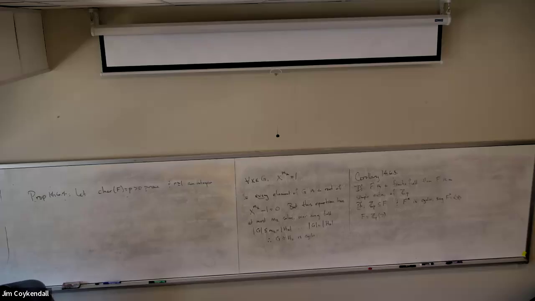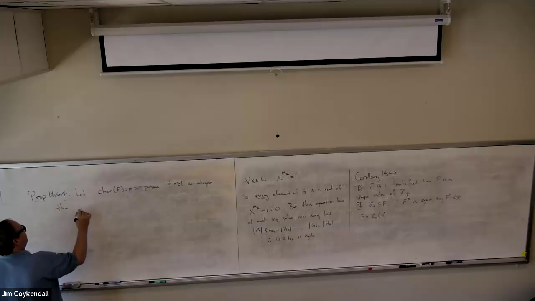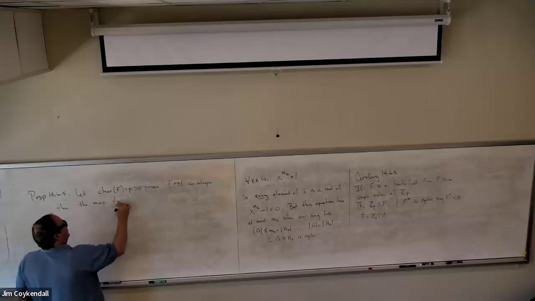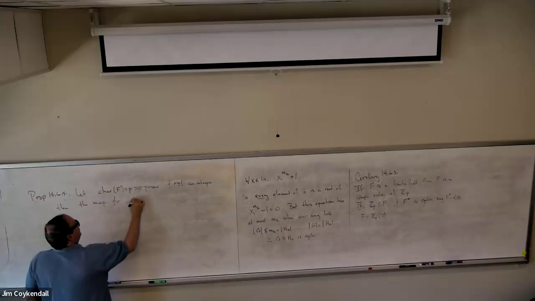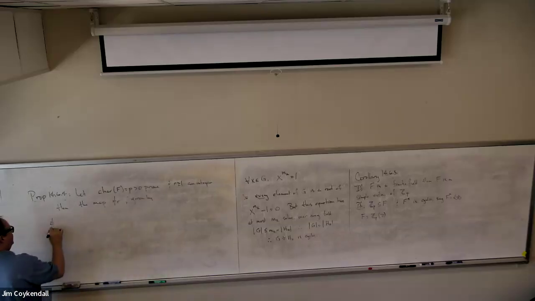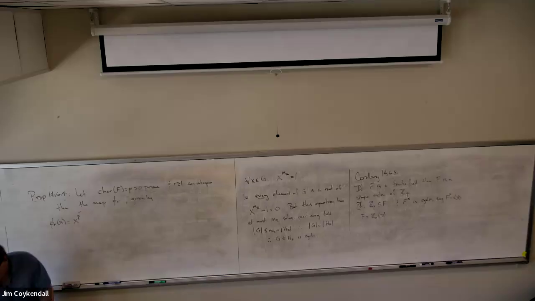Then the map given by phi sub r, where phi sub r of x equals x to the p to the r, is a Zp monomorphism of fields.